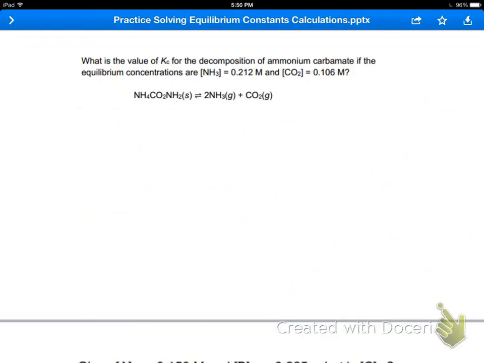What value is the Kc for the decomposition of ammonium carbamate if the equilibrium concentrations of the products are these? Okay, so I'm just going to put my ICE under this.